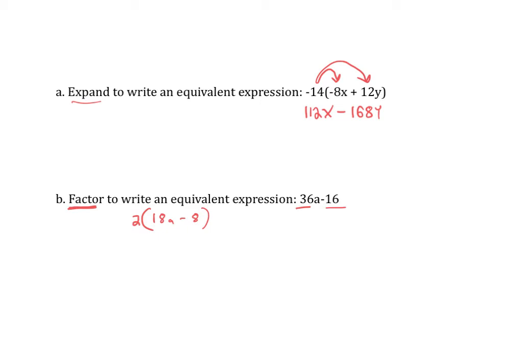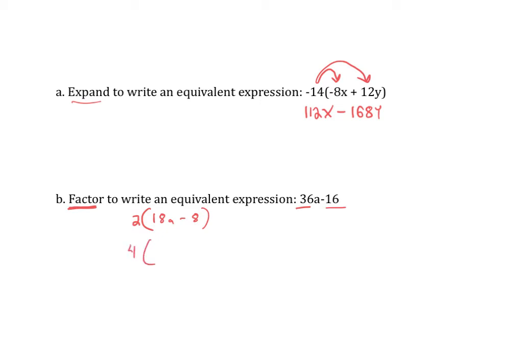So I'm going to keep going, and I'm going to look for different factors. So 3 is not a common factor, but 4 is a common factor, right? 36 and 16 both share 4. So let's see what happens if I pull out a 4.